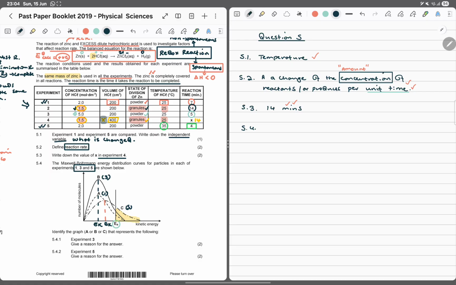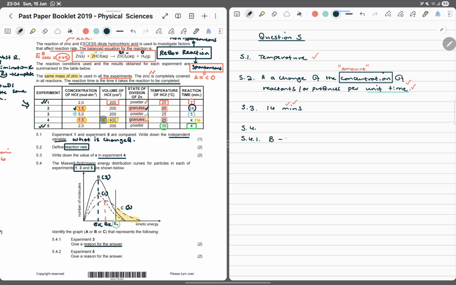All right. So we've got 5.4.1, which asks, identify the graph A or B or C that represents the following. Experiment 3, we said that it's going to be B. Right, and the question says, give a reason for the answer.